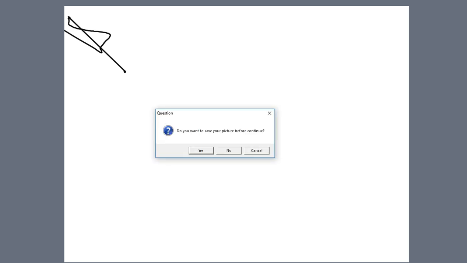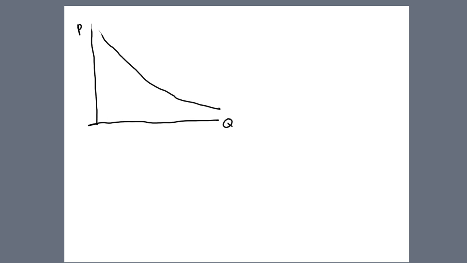Just to remind you, a demand curve will look like this: here on the x-axis is our quantity, this is our price, and demand is going to be downward sloping like this. So this is our first demand curve.